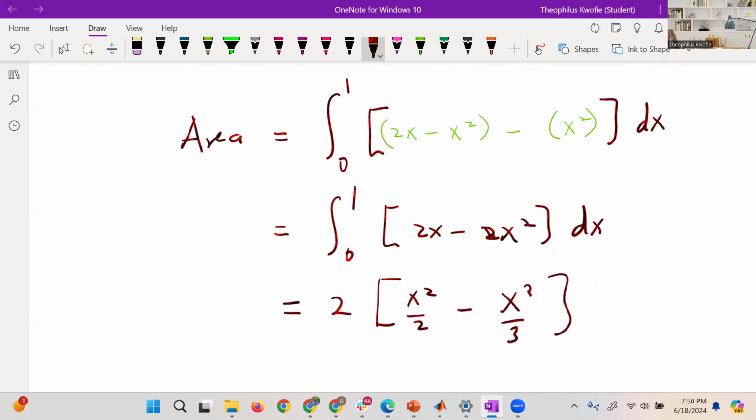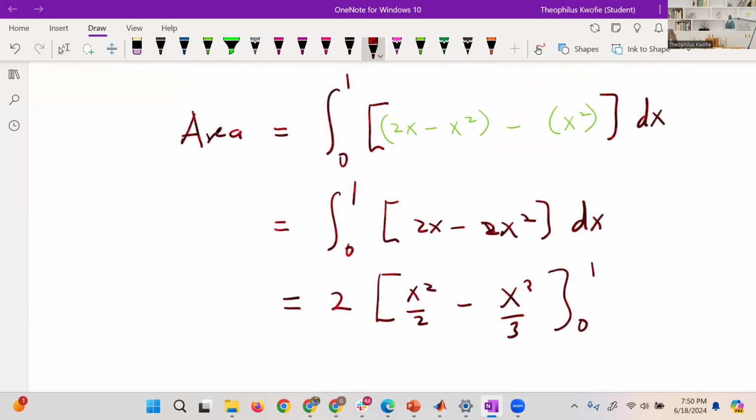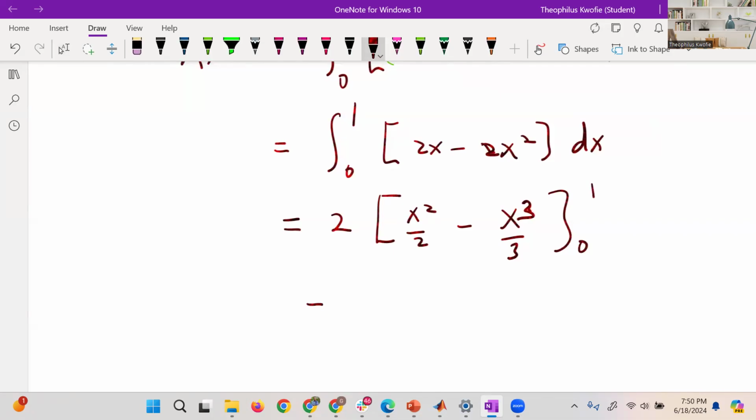Then we evaluate that under the interval 0 to 1, according to the fundamental theorem of calculus. And by using a calculator, you should be able to get a very good answer.